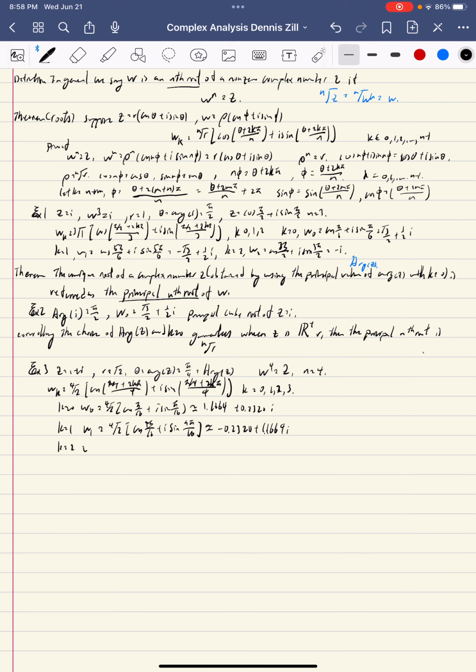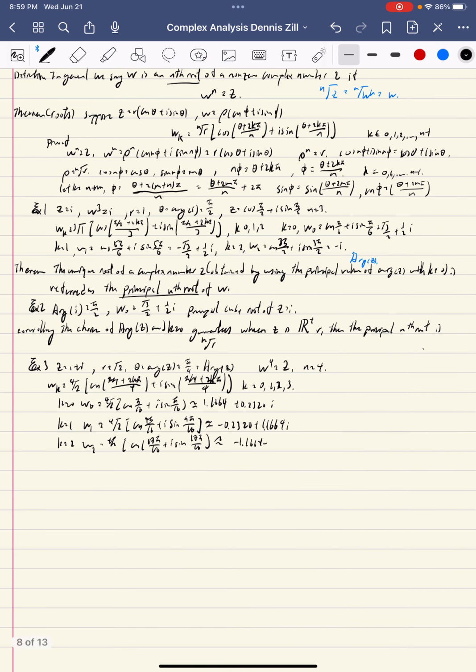Well, that gives us w2 equal to root 2 times cosine of 17 pi over 16 plus i sine of 17 pi over 16. That is about 1.1664 minus 0.320 i. Now I think we can recognize the pattern over here.